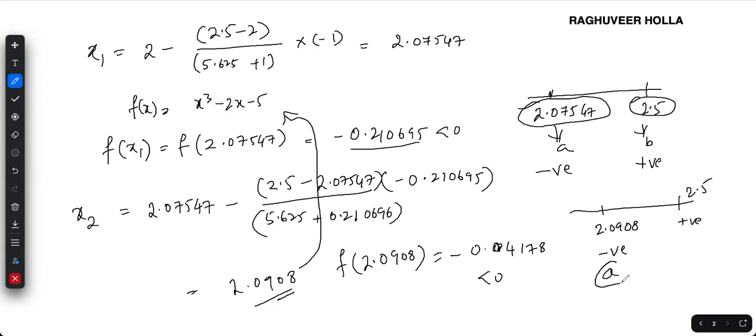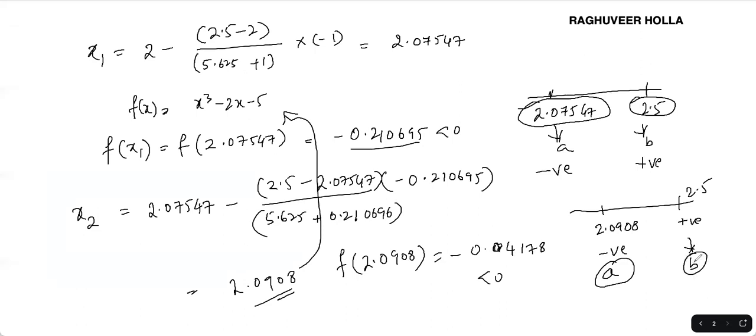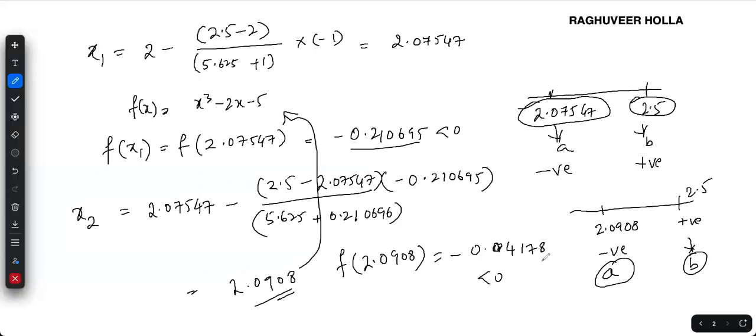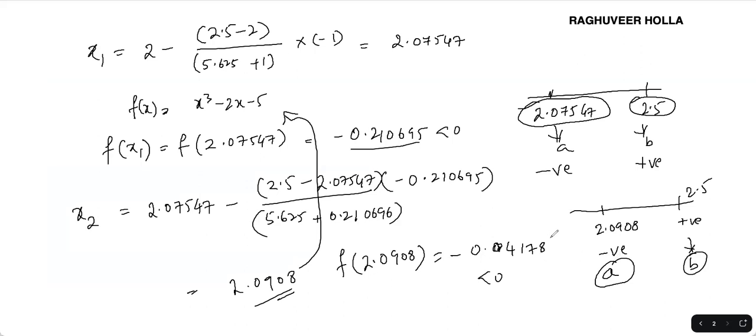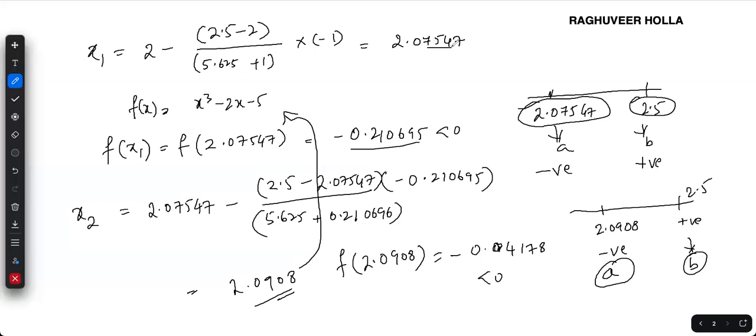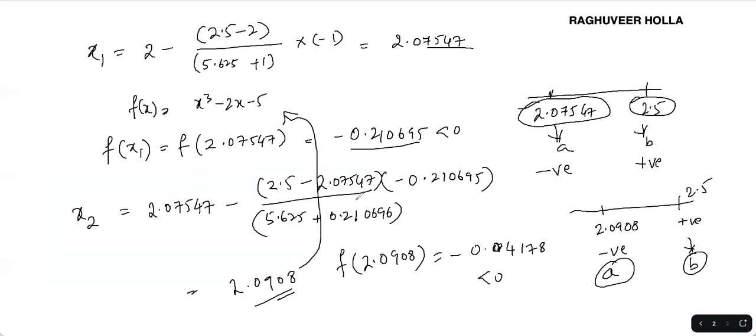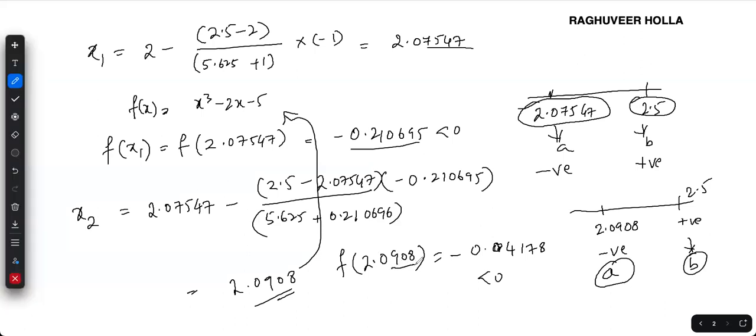So this is your new A and this is B. Let us get x3 here. Please notice the values you are getting here: 2.075, 2.090. Let us see what you get.